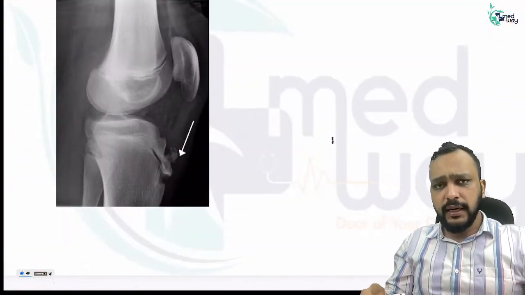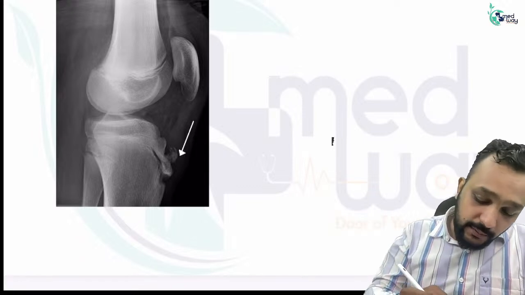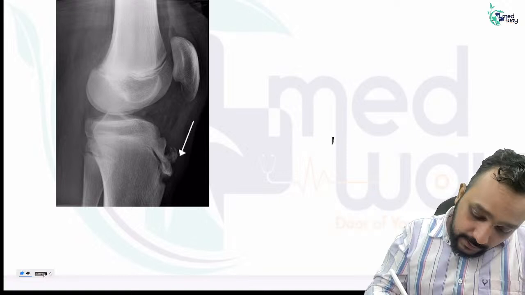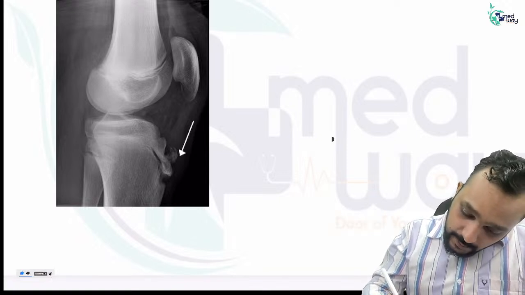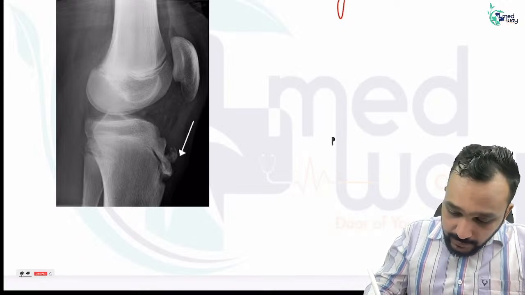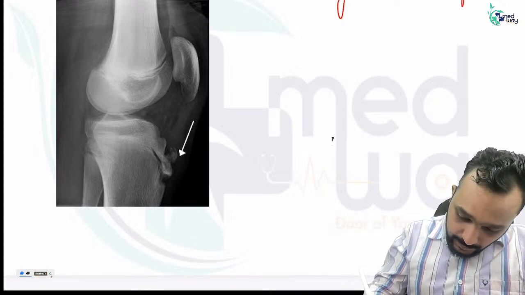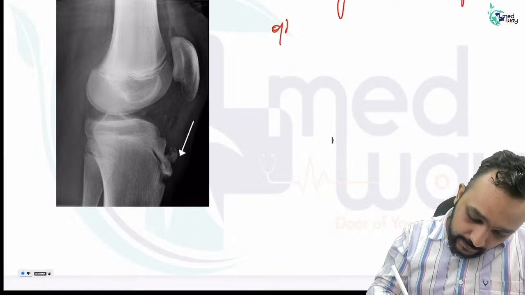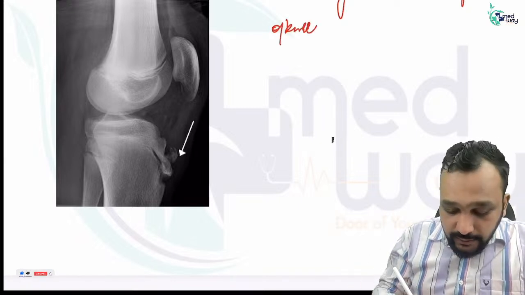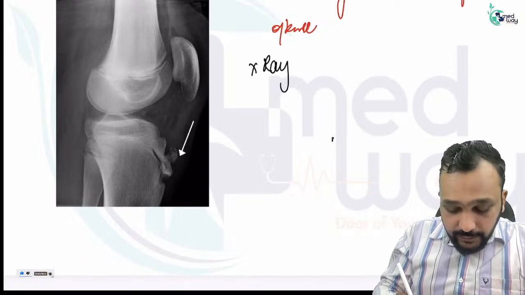Another question that was asked on the tibial tuberosity was that a patient presented with pain along the anterior surface of knee, right? What did you see on the X-ray of the knee joint?